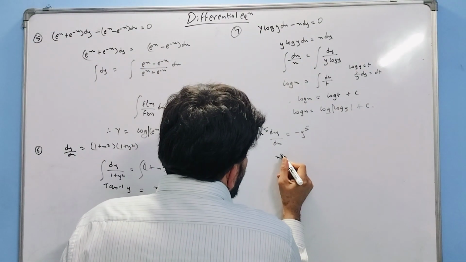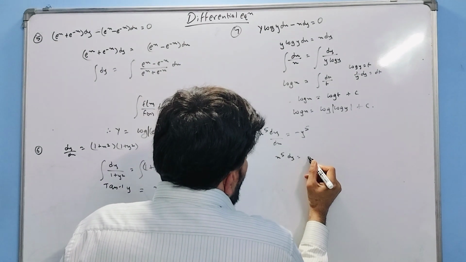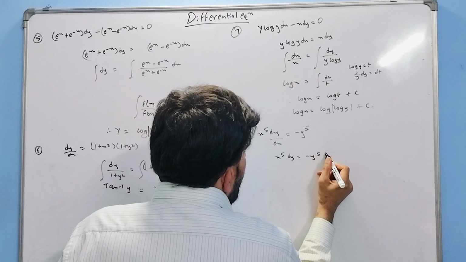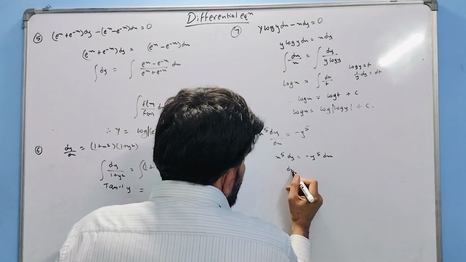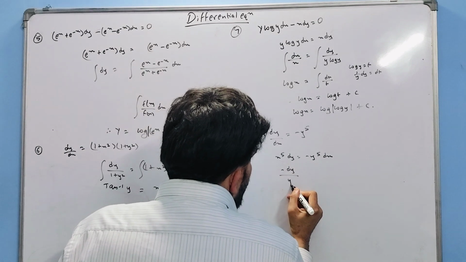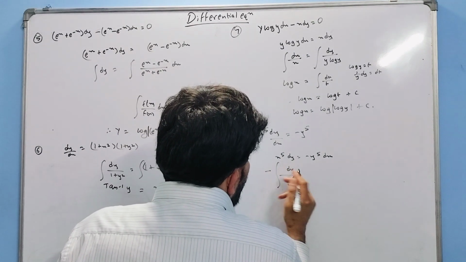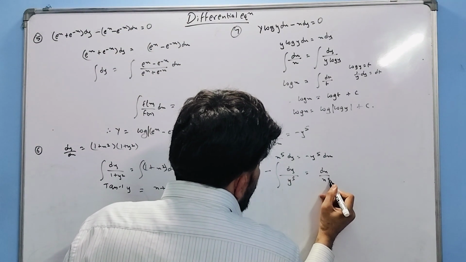If I take x⁵ dy = -y⁵ dx, then we can write dy/y⁵ = -dx/x⁵.